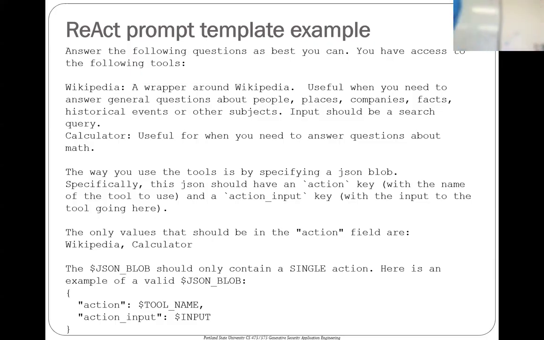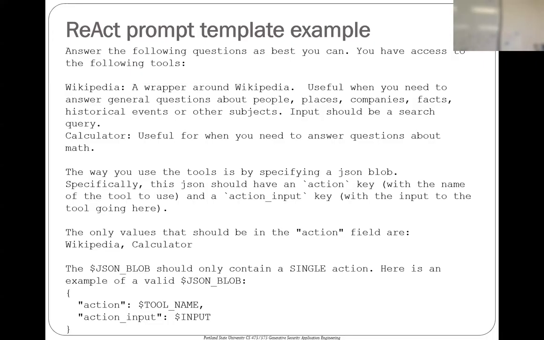So here is the React prompt template instantiated with 2 tools. It's a Wikipedia tool that allows you to search Wikipedia, and a calculator tool that allows you to do math. And this prompt template specifies exactly how tools need to be called. You have to invoke tools by specifying a JSON blob.